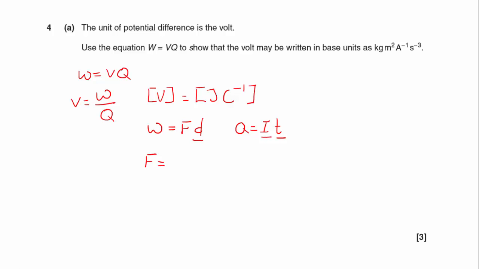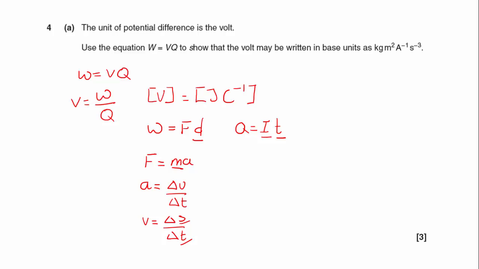But for the sake of this, we'll do it as mass times acceleration, and acceleration is not a base quantity, mass is, so acceleration is the rate of change of velocity, and velocity isn't, so velocity is the rate of change of displacement. So base quantity, we can now work it out.